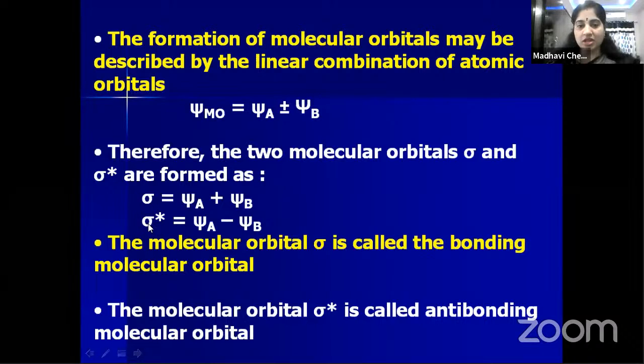Sigma is called bonding molecular orbital, and sigma star is called anti-bonding molecular orbital. Just now we have seen bonding molecular orbitals have less energy and more stability, and anti-bonding molecular orbitals have high energy and less stability.